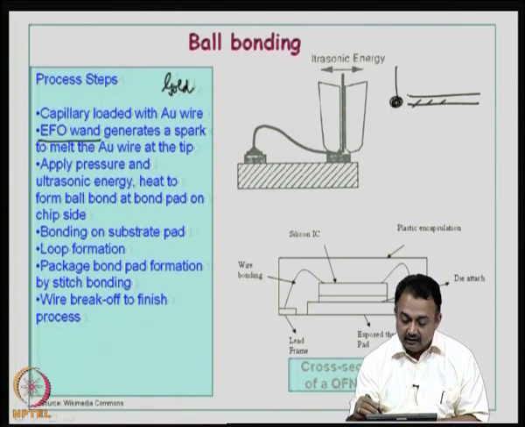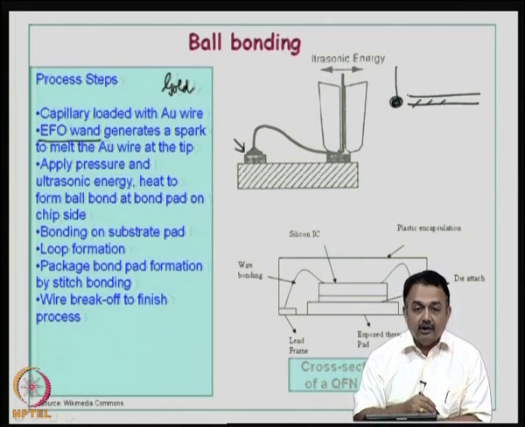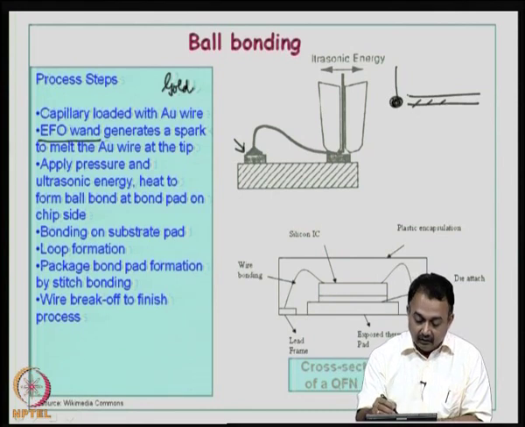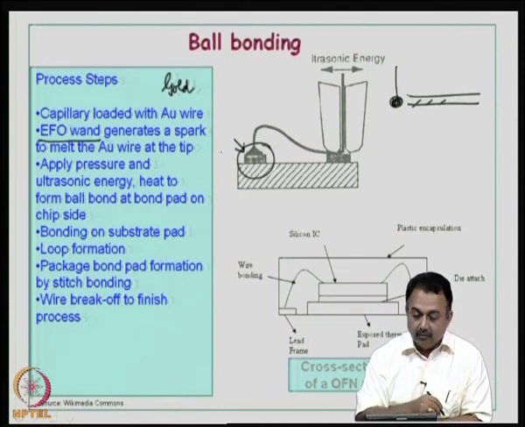And this molten ball will now be utilized here. You can imagine that this molten ball is here at the first bond site on the die. Then using appropriate pressure and ultrasonic energy, or a combination of heat, pressure and ultrasonic energy, and the ball formed, you form the first bond here.